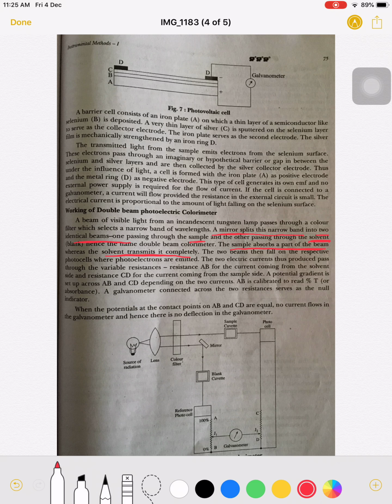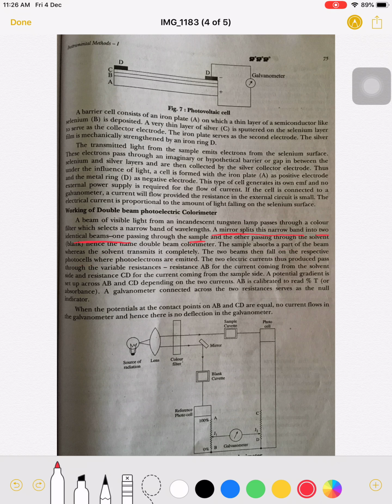The two beams then fall on the respective photocells. The light transmitted from the solvent, that is the blank cuvette, and the light transmitted from the sample both fall on the photocells where photoelectrons are emitted. Two electric currents are thus produced.